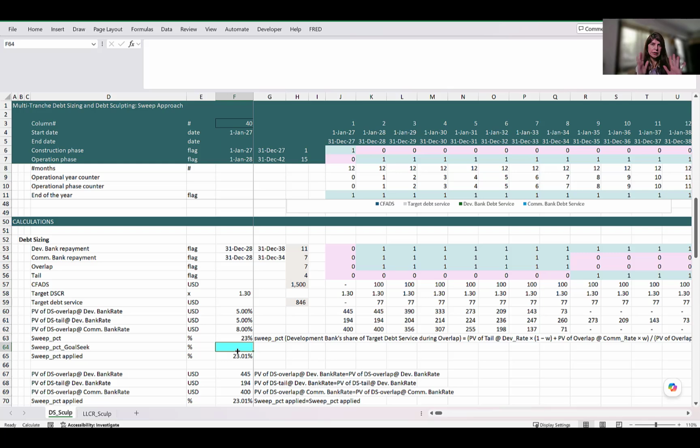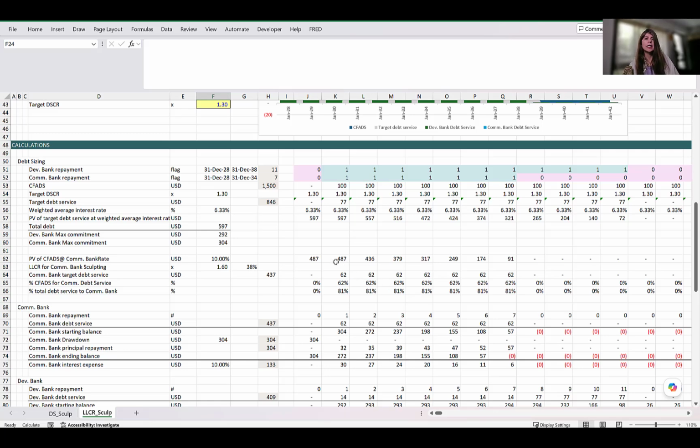Of course, just a disclaimer, I would still prefer the LLCR approach, which is the methodology that I learned from Professor Edward Bodmer, because it's easier when it comes to more than 2 tranches of debt. With the percentage sweep methodology, the math with 3 or more tranches might become a little bit more complicated. However, the LLCR approach is also another elegant way to do the same.